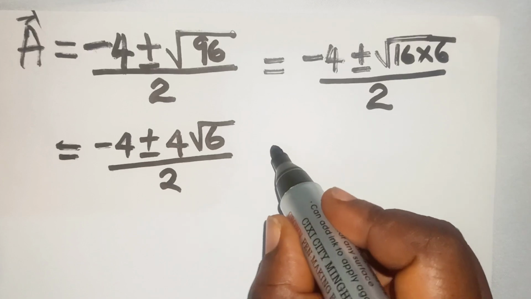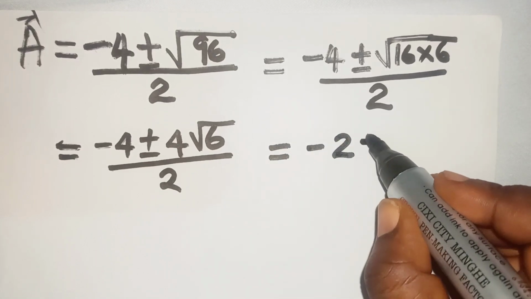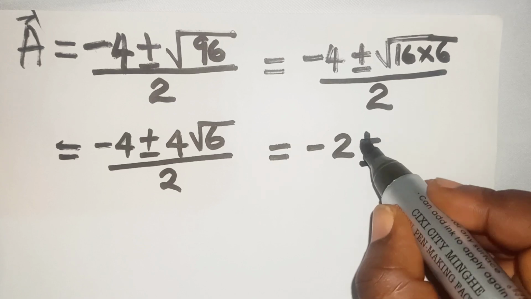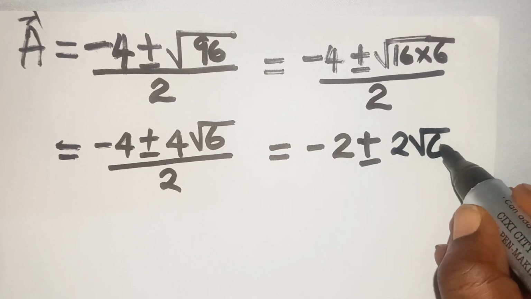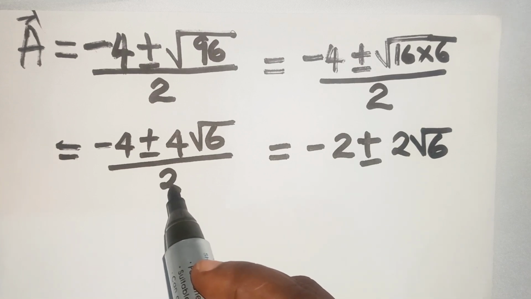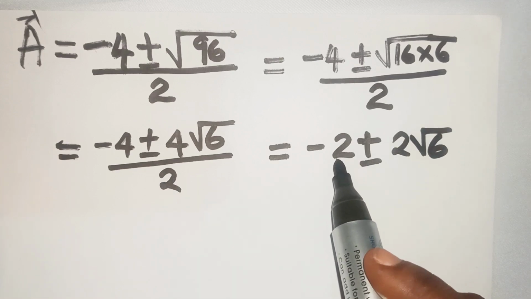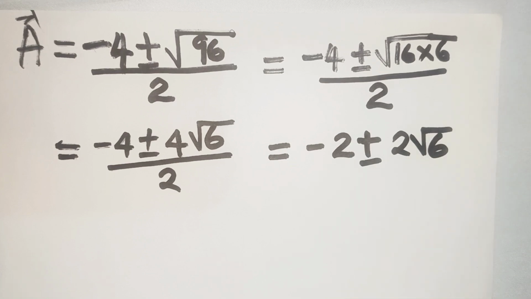So this is equal to minus 2 plus or minus 2 root 6. Here we divided through by the denominator 2. So that's why we have minus 2 plus or minus 2 root 6.